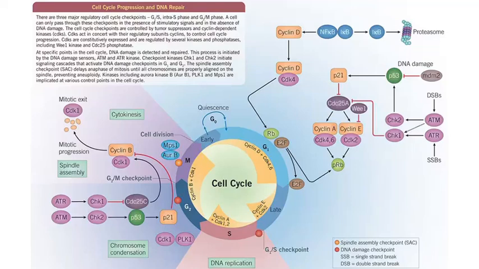These molecules monitor external signals, like growth factors, and internal conditions, like DNA integrity and nutrient availability. If everything checks out, the cyclin CDK complexes trigger the transcription of genes required for DNA replication. If conditions aren't right, inhibitors can block these complexes from pushing the cell into the S phase.